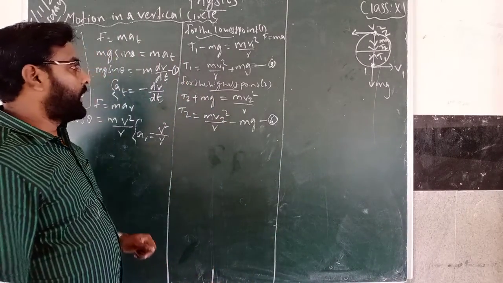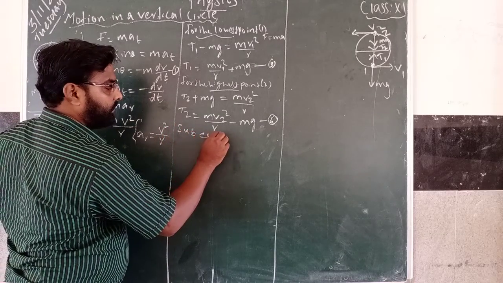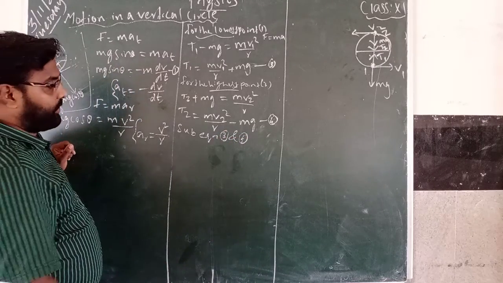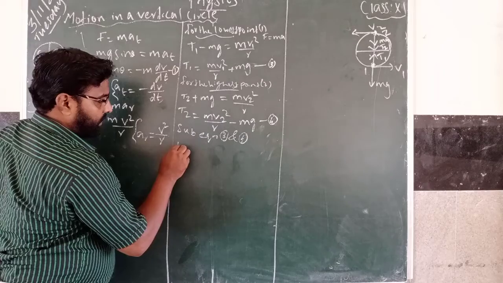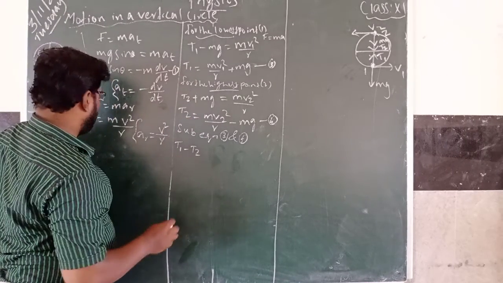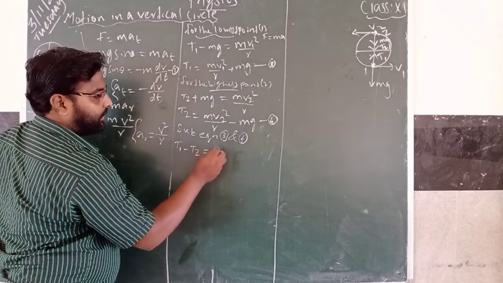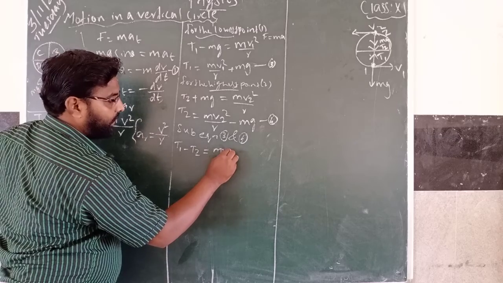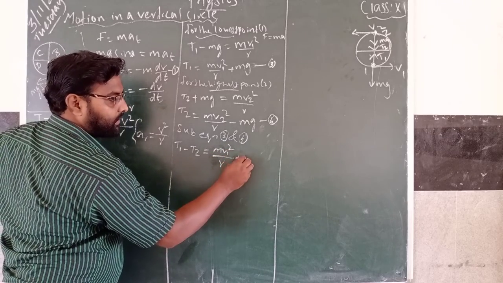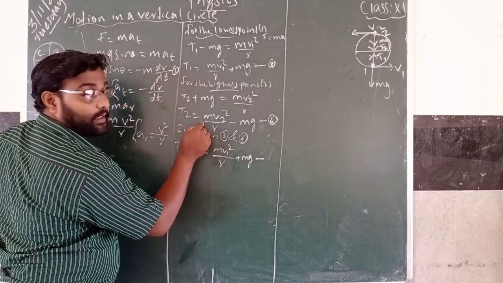Now what you can do is subtract equation 3 and 4. Subtract equation 3 and 4. So T1 minus T2 equal to what? First you write this, mv1 square by r plus mg, minus this equation you write.